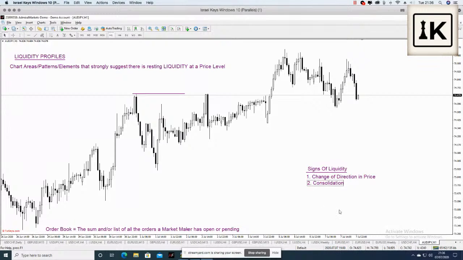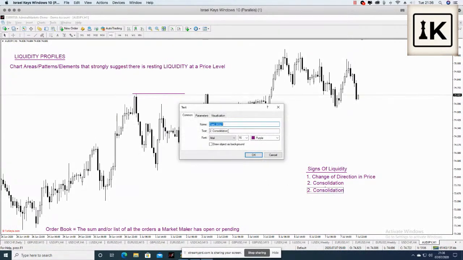Number three, is sudden injections of momentum.